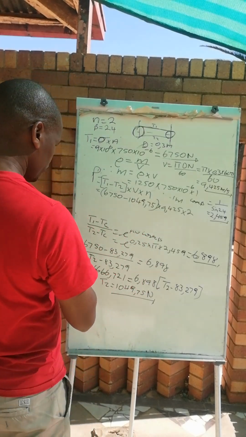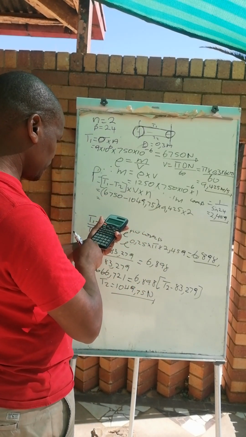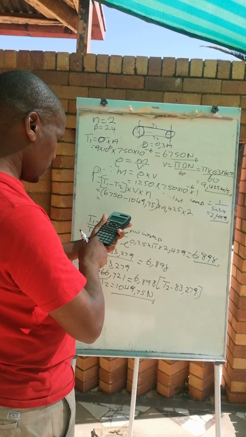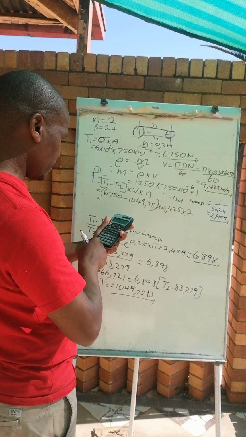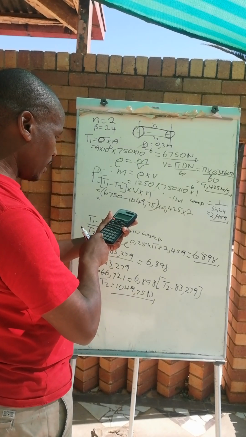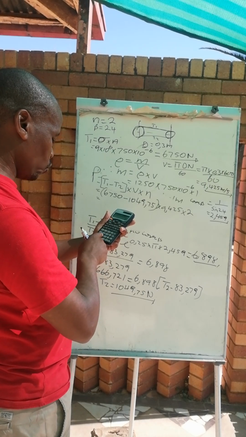So it's equal to 6750 minus 1049,75. Answer, multiply by 9,425, multiply by 2.